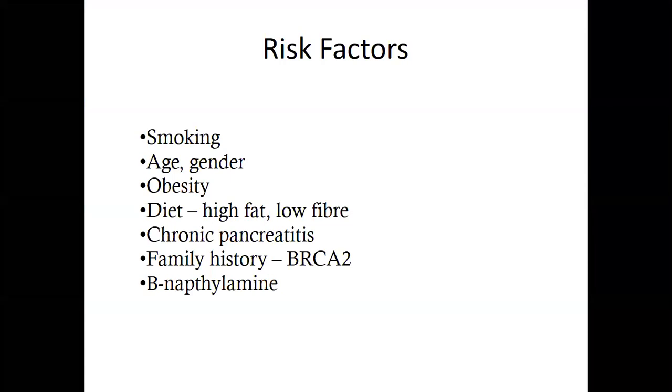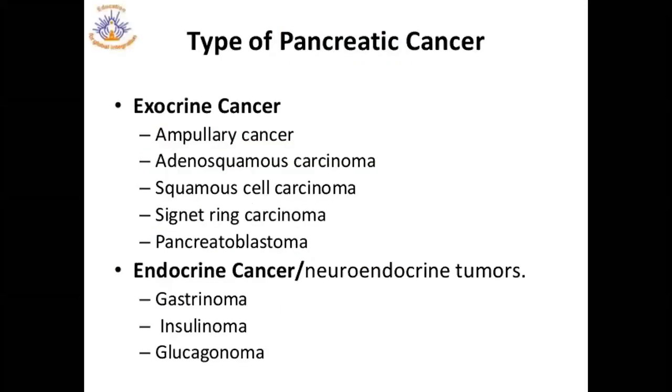Diet: high fat, low fiber, like the Western people have a high fat diet. Chronic pancreatitis can lead to pancreatic cancer. Family history, like we always say in breast cancer that BRCA1, BRCA2 is responsible. Here it is BRCA2 and naphthylamine.